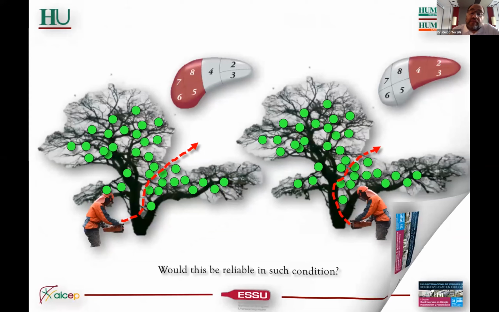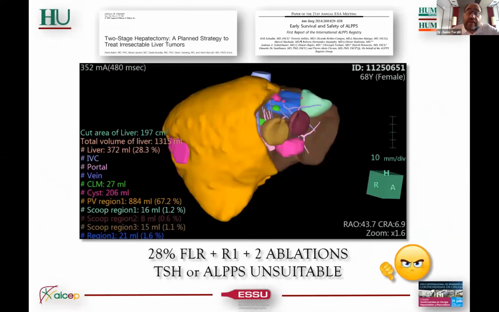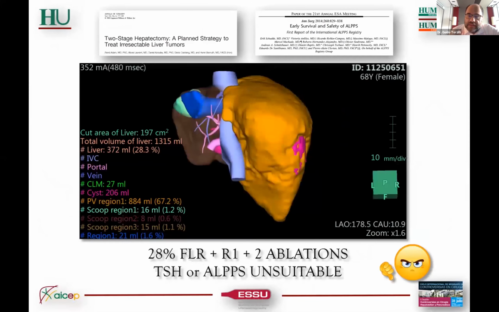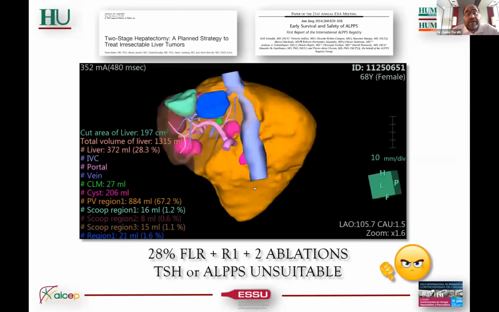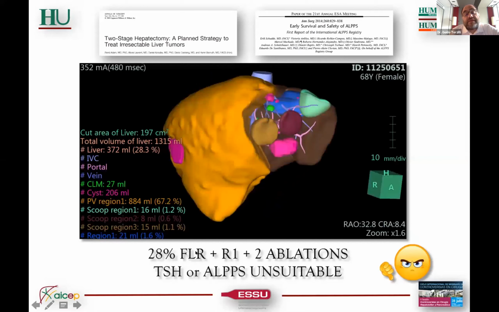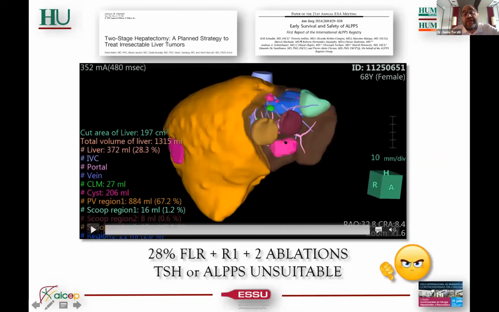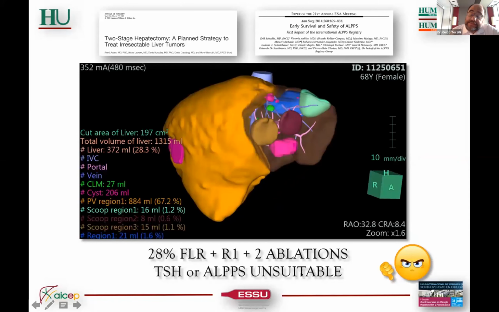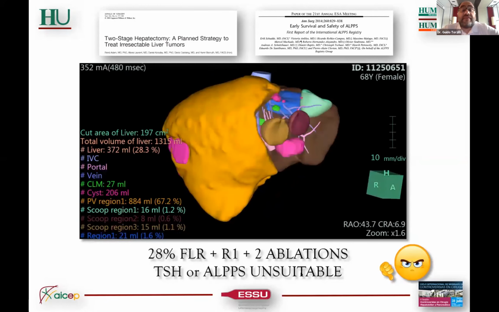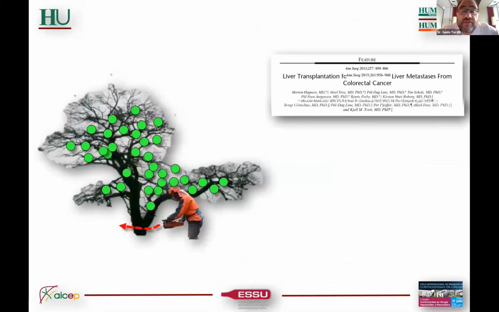And even if you would like to try, in this particular case you would have resulted in a small liver remnant, anyhow R1, and in 2 of the 35 lesions, you would have needed to do an ablation. This means that probably even a staged procedure would have been unsuitable.